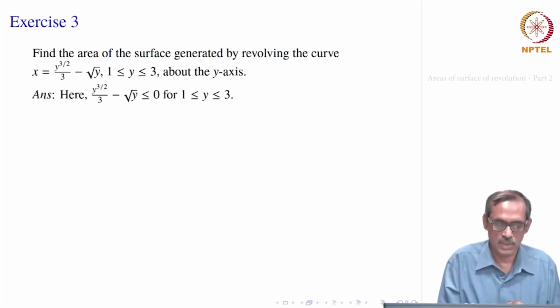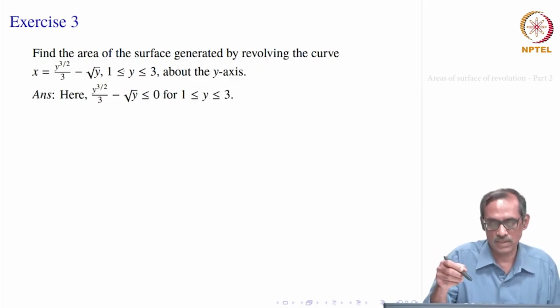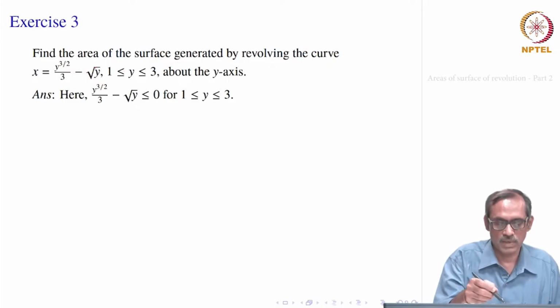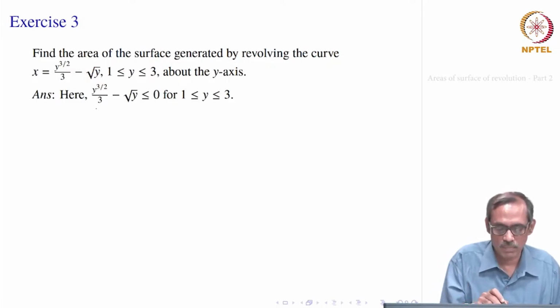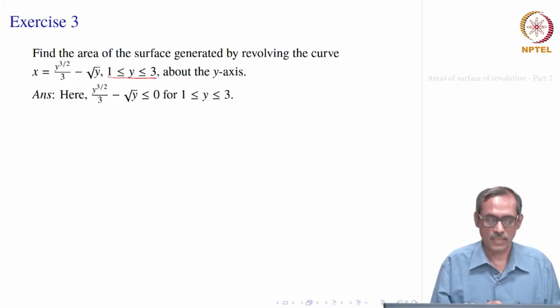So, let us compute here, and we just verify one thing, that the curve should lie above the x axis. So, that means it should be greater than or equal to 0. But here what happens, y to the power 3/2 by 3, when y varies from 1 to 3, is less than or equal to root y, right.